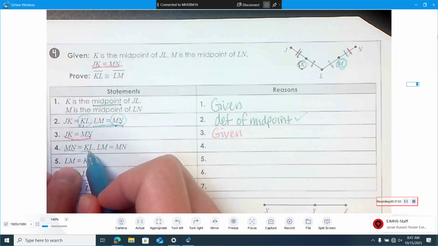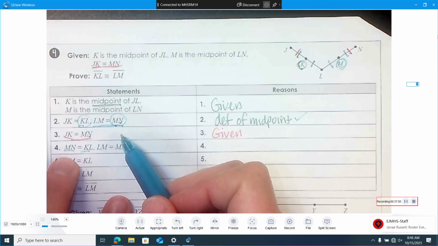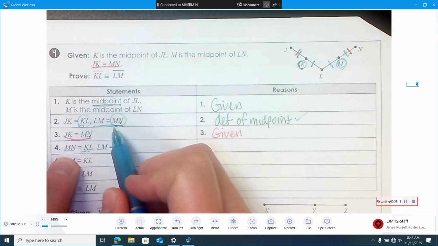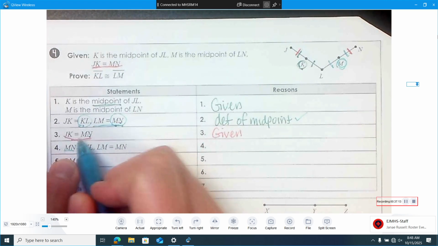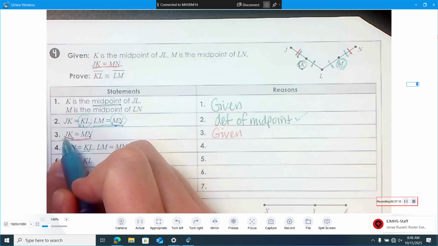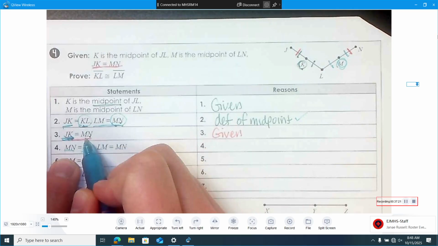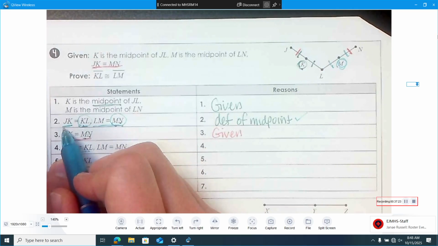How do we? It says that it's equal to JK, and then JK is equal to KL. All right, so MN is equal to JK, and then JK is equal to KL. So we're going MN to JK to KL.